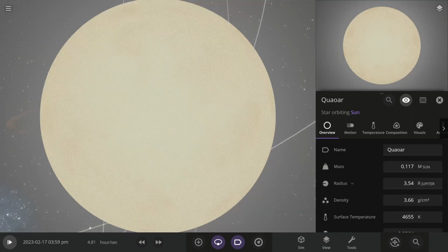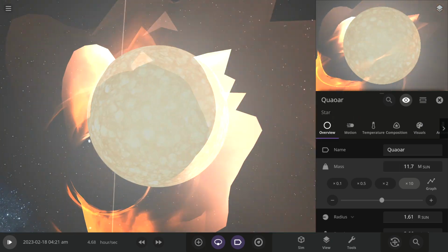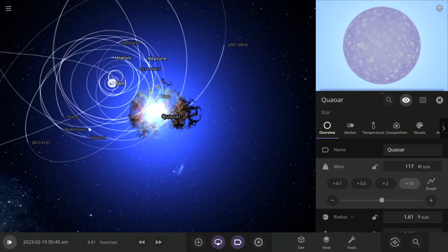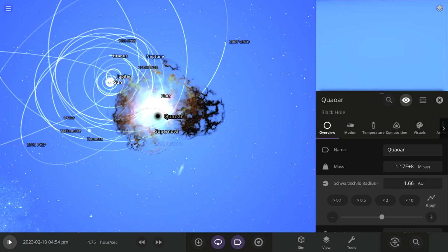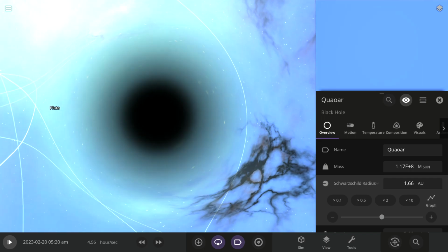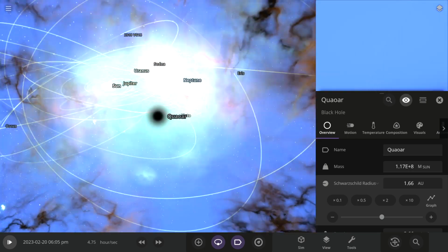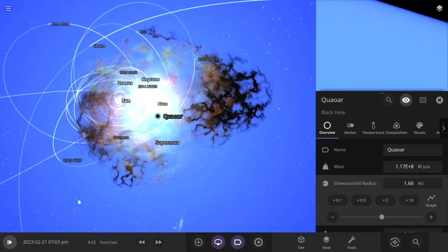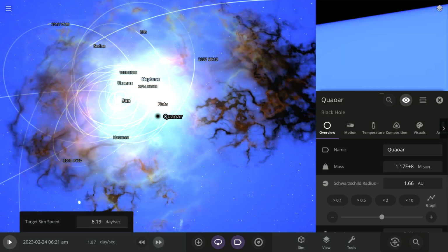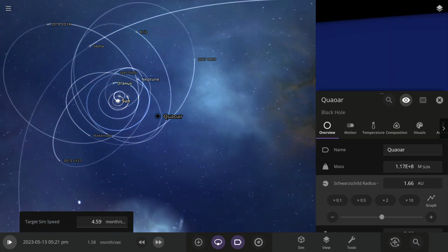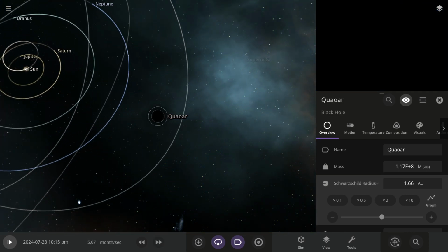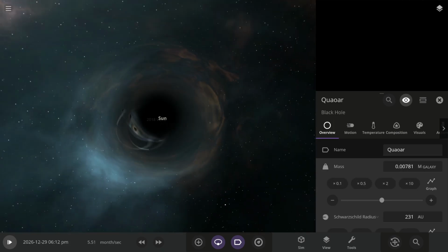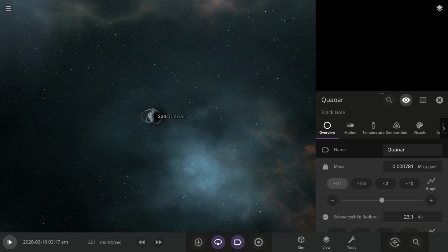Just turn it into a star. Yeah. What in the... So everything's gone, but the solar system isn't being affected?